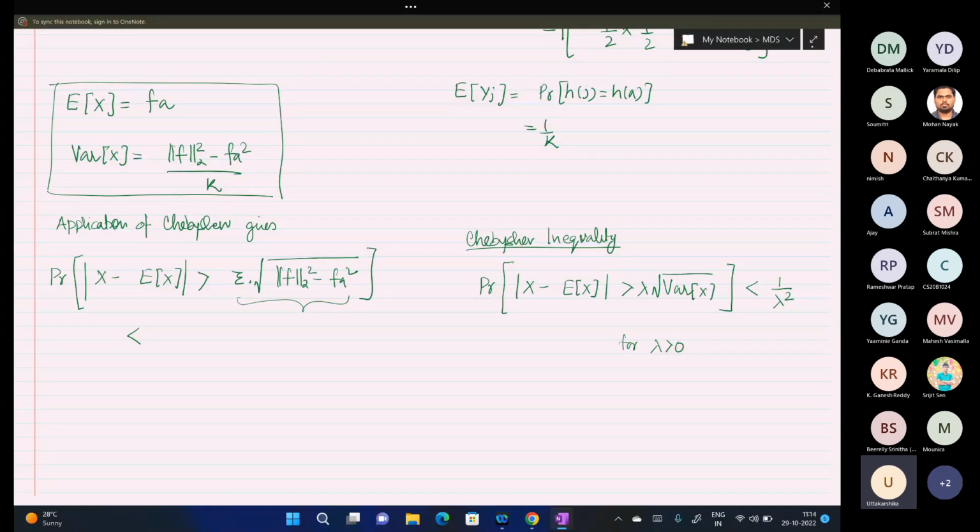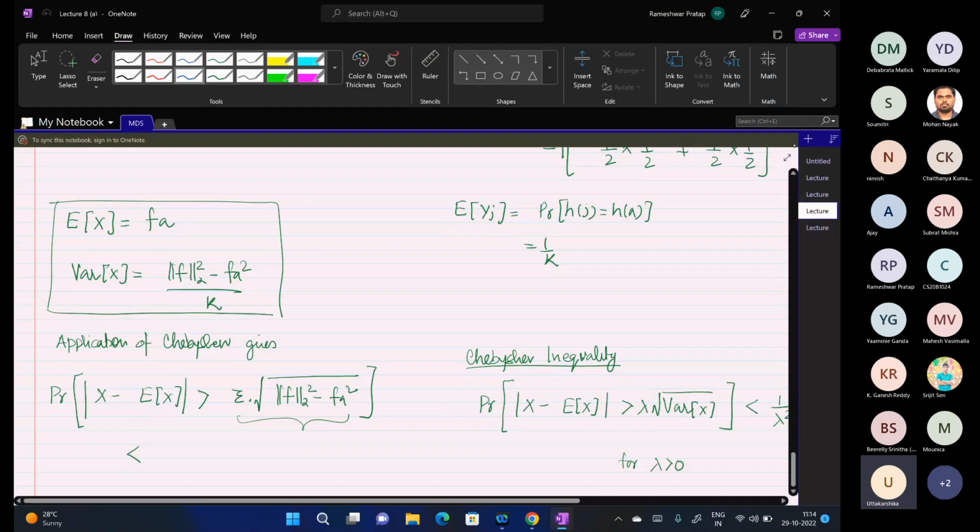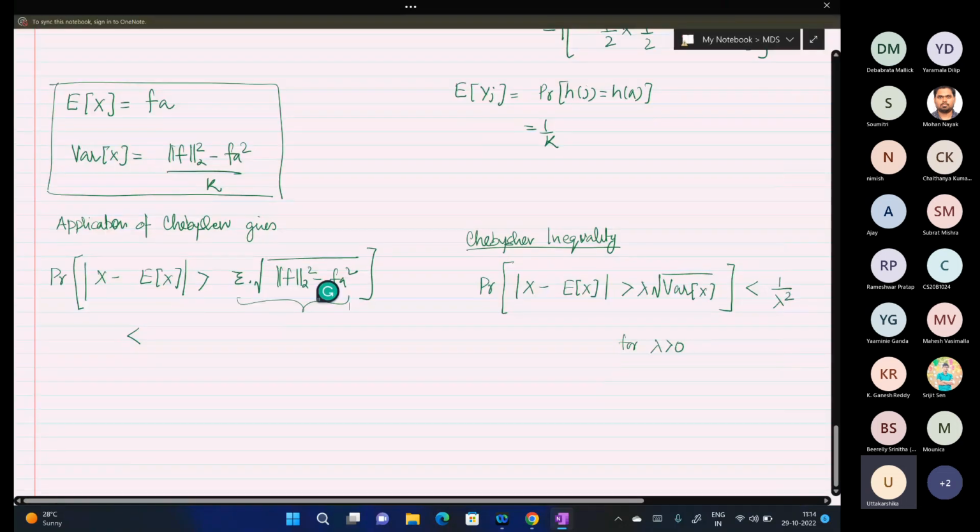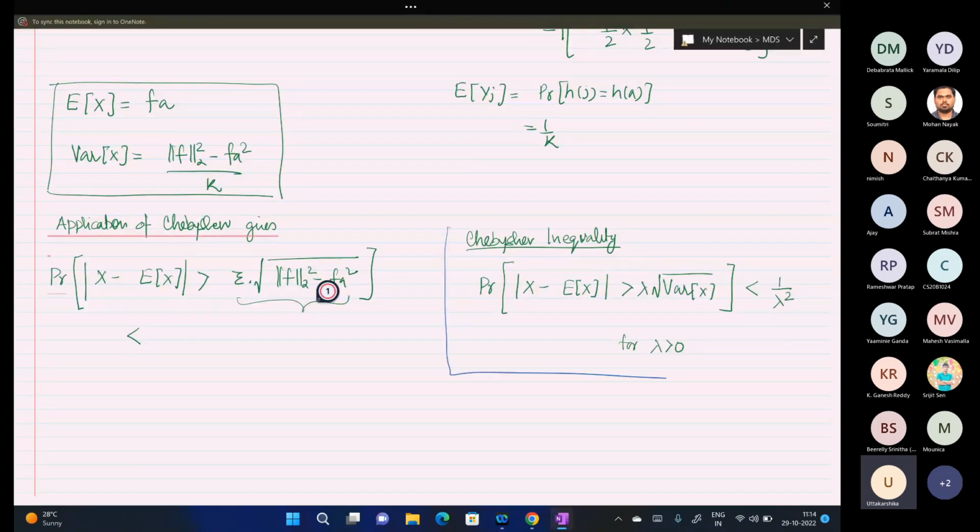The square root of the variance of x is root of f2 square minus fa square by root k.